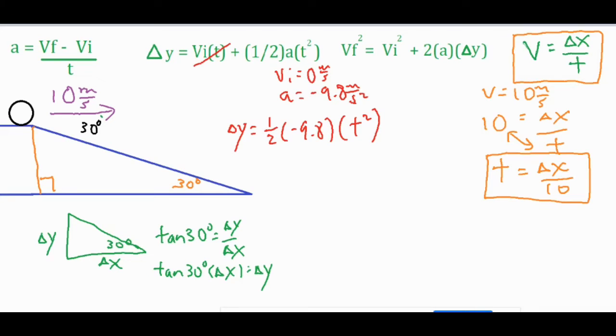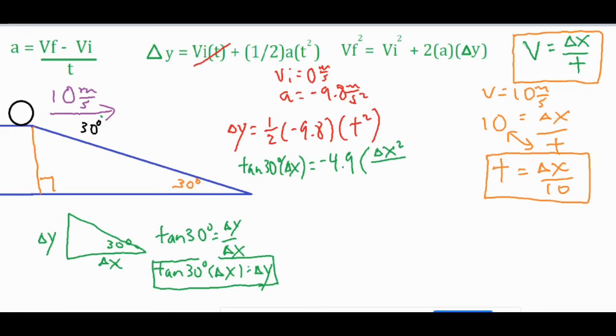So we are going to make this substitution right over here for this delta y. So we have the tangent of 30 degrees times delta x. And then also we have 1/2 times negative 9.8, which is negative 4.9. And then for t squared, we're going to grab this setup over here, and then we're going to have everything squared. So delta x squared over 10 squared, and 10 squared is 100.